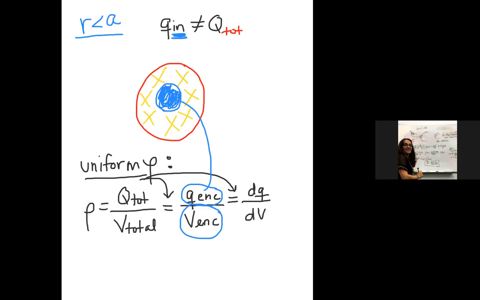Well, this is A. What's the volume of a sphere? It is 4/3 pi a cubed. Okay, so what is the enclosed volume? Well, it's still a sphere. It's just a smaller one of radius r. So 4/3 pi r cubed.